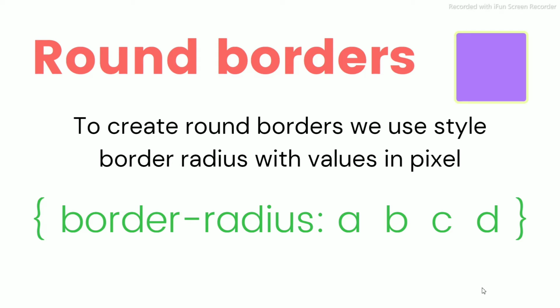These are all the properties of the border radius. If we don't want four values, we can include only one value, and this one value applies to the top left, top right, bottom left, and bottom right corners. The values for the border radius might be in pixels or percentages.